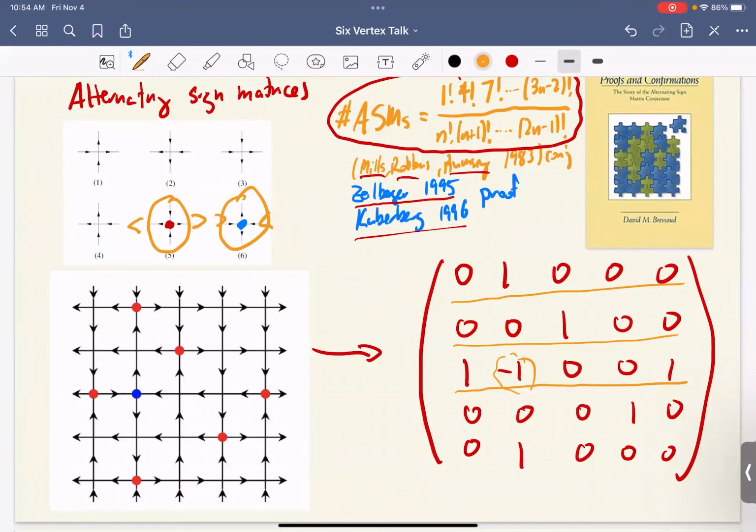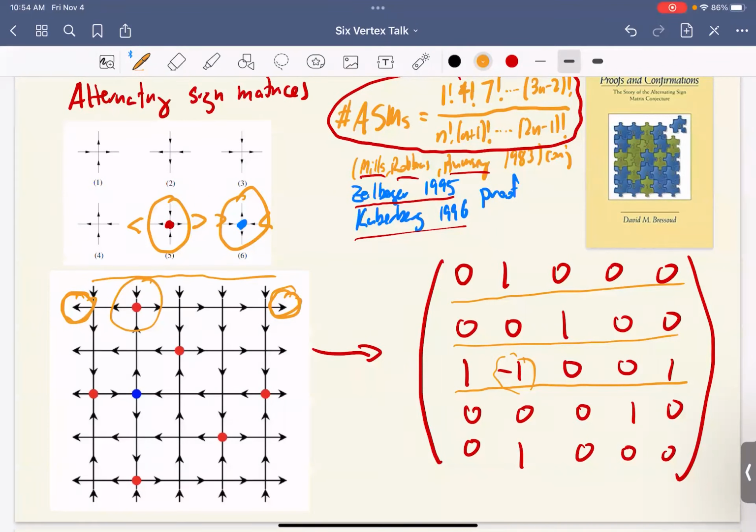And so the domain wall boundary conditions force us along each row to have a switch somewhere, because the arrow starts to the left, it has to end to the right. So somewhere along that first row it has to switch. And the boundary conditions on the top force us to have exactly one place where there's a switch. So in the first row, there should be exactly one vertex of type 5, colored in here in red.